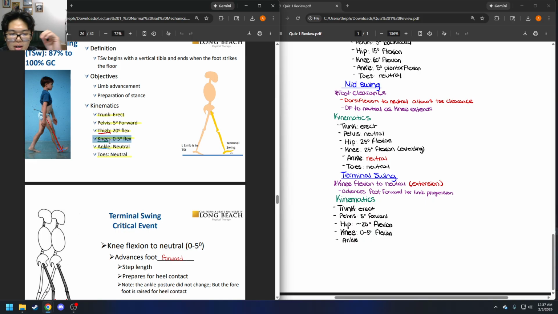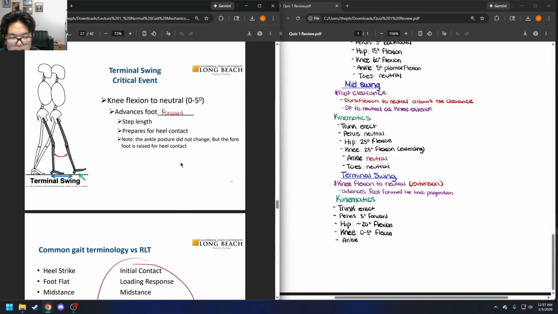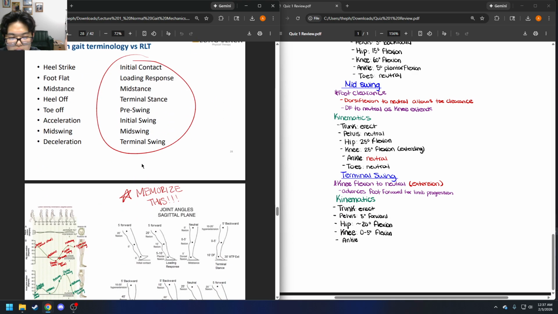So we are performing the extension even though our final outcome will still be in a knee flexed position, and this will help advance our foot forward for limb progression. And that will be the end of our gait cycle before we go back to initial contact.